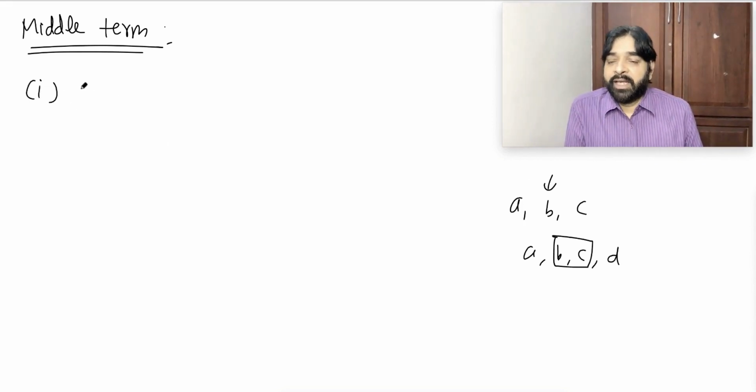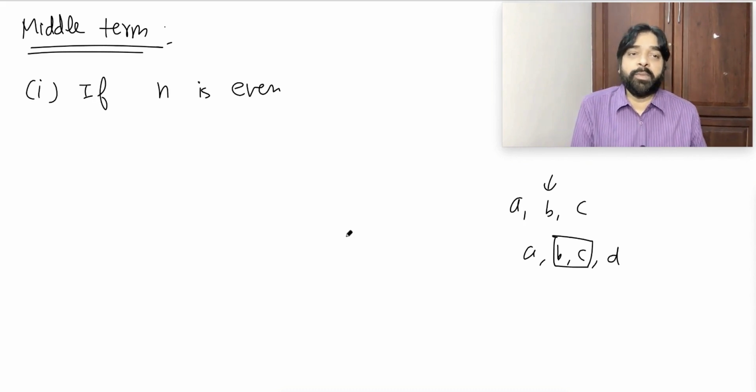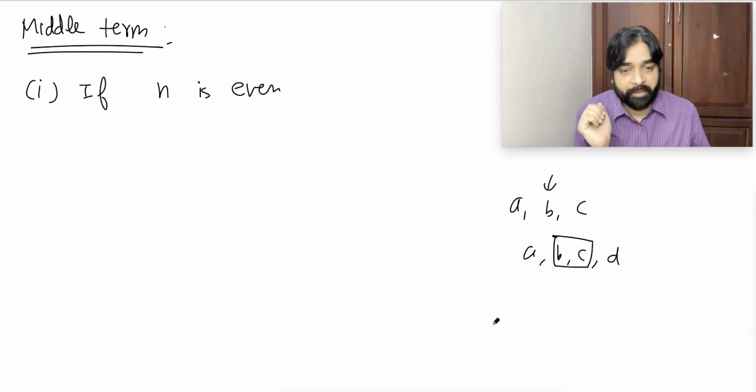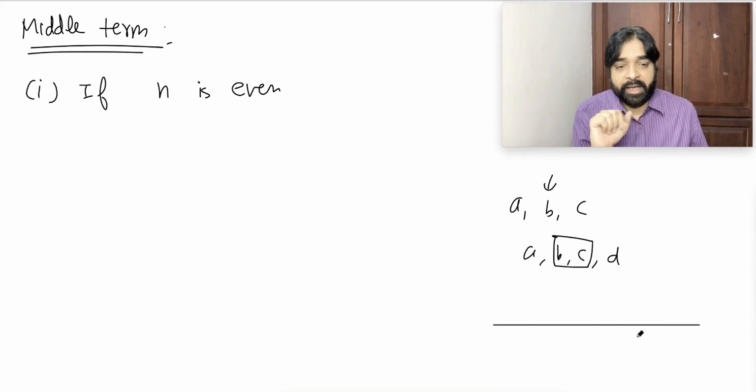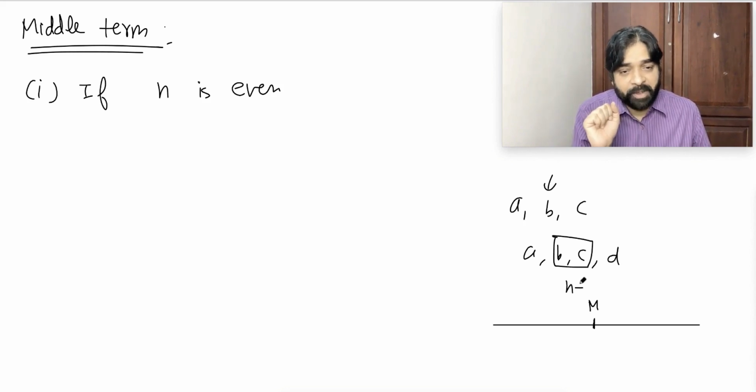So directly saying the middle term will be a problem. First case, if n is even. If n is even, the number of terms will be odd, and then we can easily tell which is the middle term. Think very carefully, everybody. Total number of terms, as all of you know, is n plus 1.